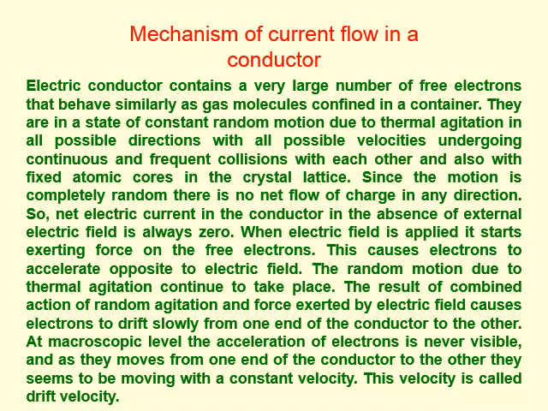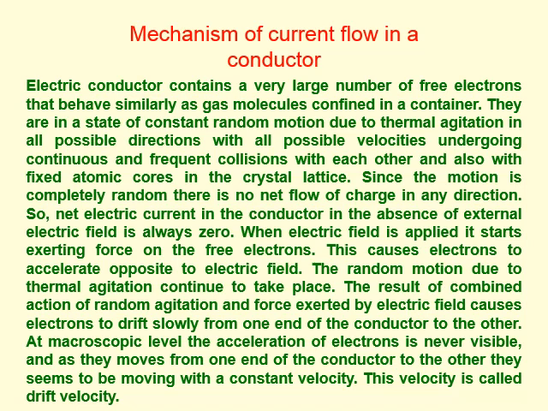Their motion is completely random and they keep on colliding elastically, continuously and frequently with each other as well as with the fixed atomic cores in the crystal lattice. Since the motion is completely random, there is no net flow of charges in any direction. That is why the electric current inside the conductor is always zero in the absence of any external electric field.